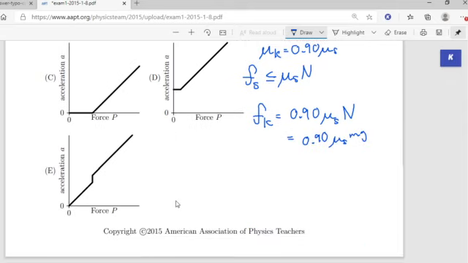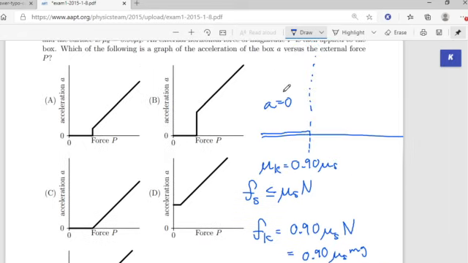The acceleration is just the sum of forces over mass. It's p over mass minus 0.9 mu sub s times g.